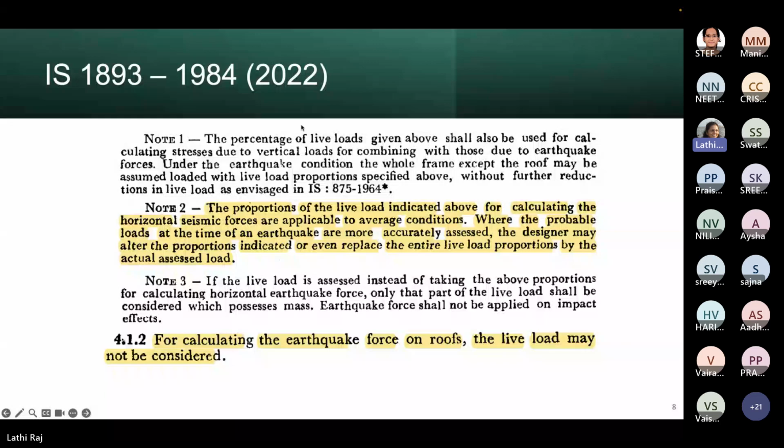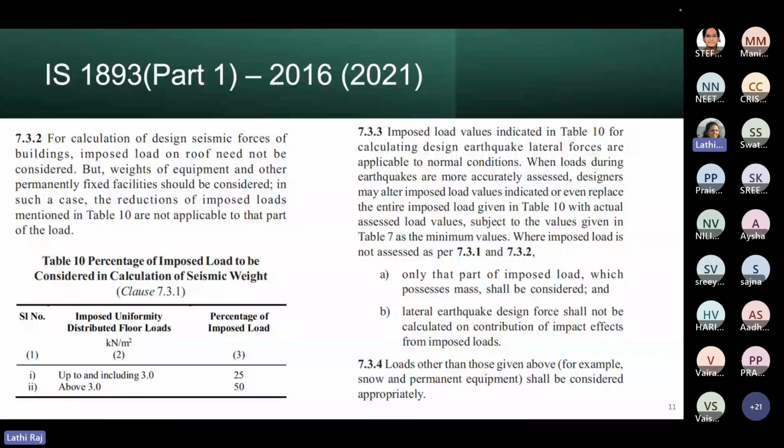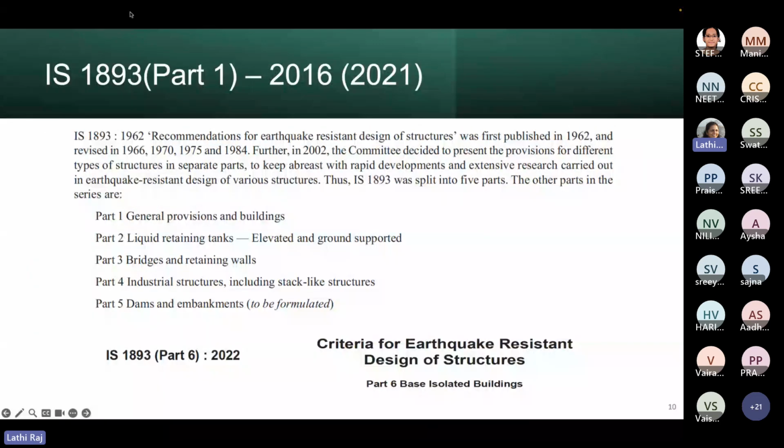This 1893, as I told you, is now divided into 6 parts. Part 1, general provisions and buildings, then liquid retaining structures, bridges and retaining walls, industrial structures, dams and embankments, and there is IS 1893 part 6, which is base isolated buildings. That was recently released, only in 2022.